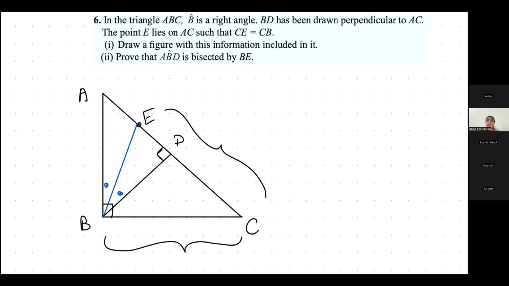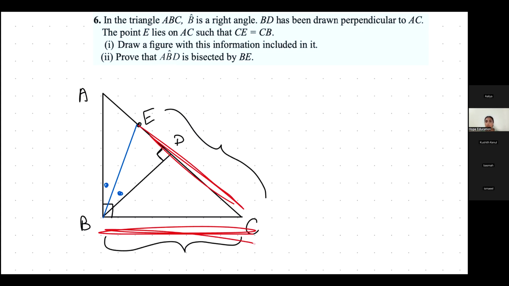So that is what we have to prove. We have to prove that these two angles are equal. It doesn't come to mind right away, but whatever we see, we'll write. For example, they say that CE equals CB. So then and there we have an isosceles triangle.